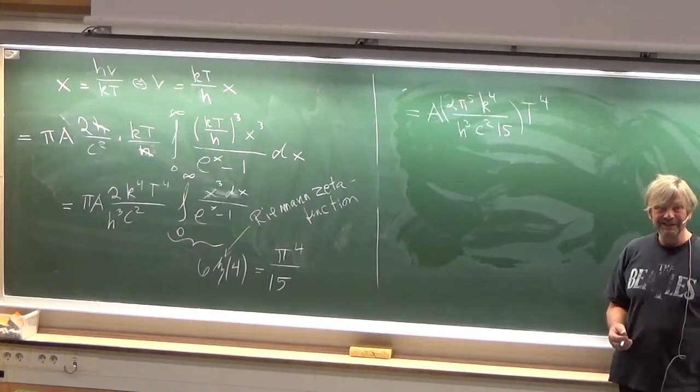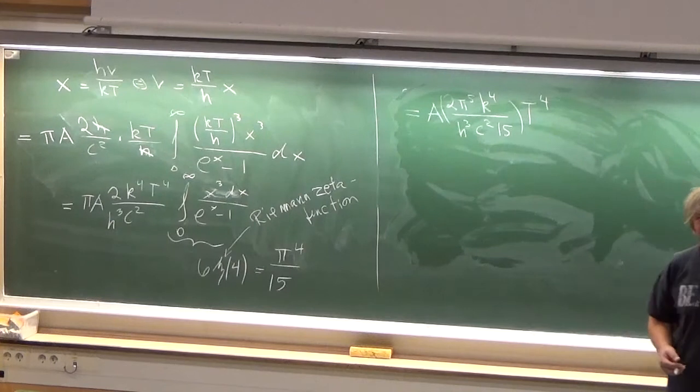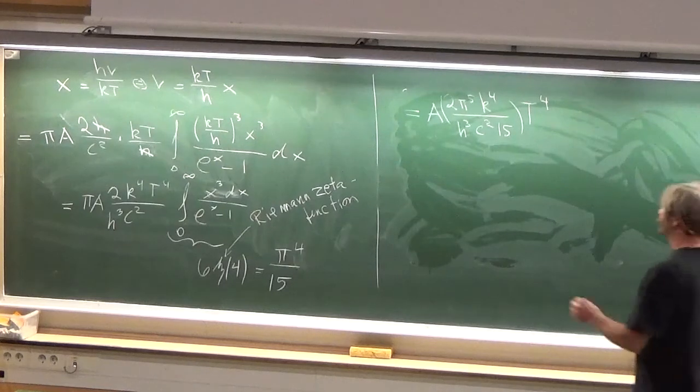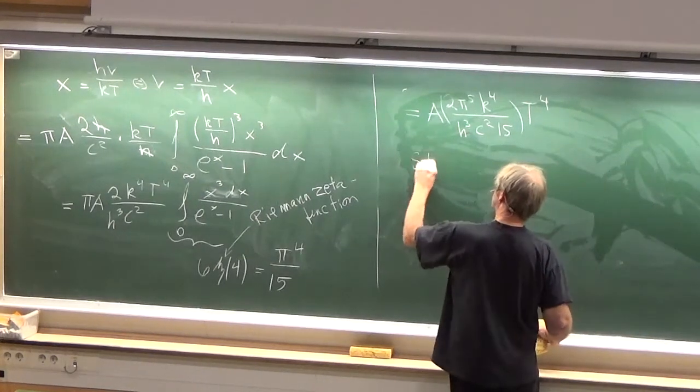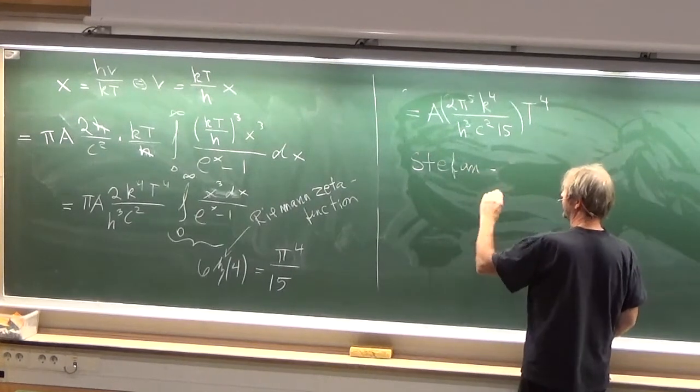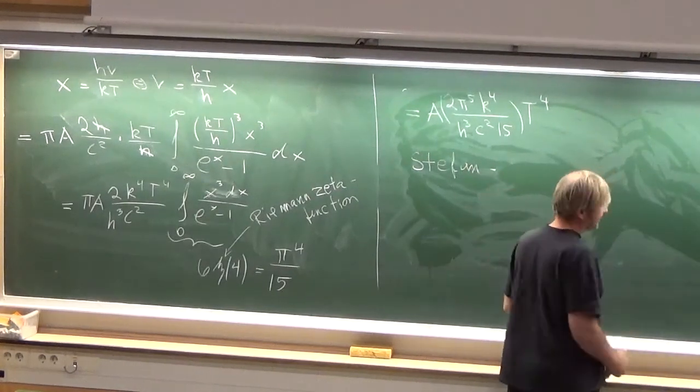That's a bit strange, isn't it? So if I double the temperature, I will multiply my radiation by a factor of 16. And this is called the Stefan-Boltzmann law.